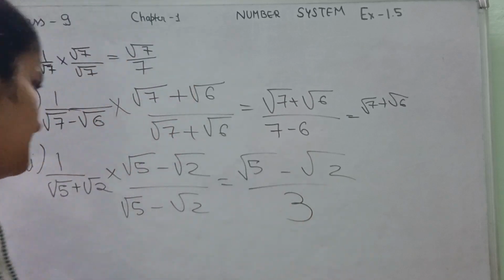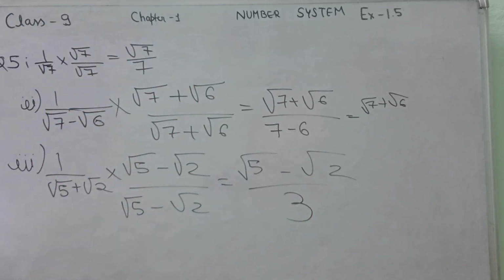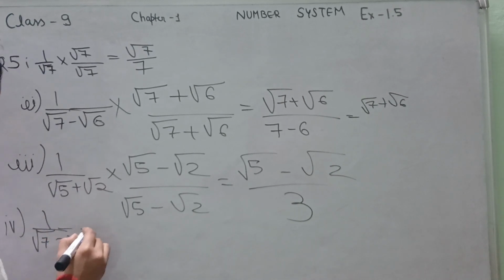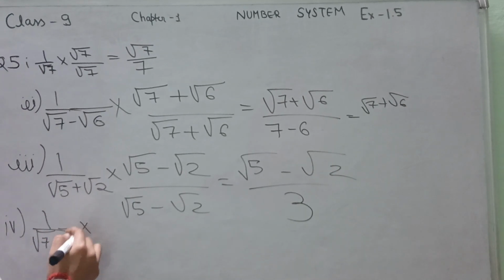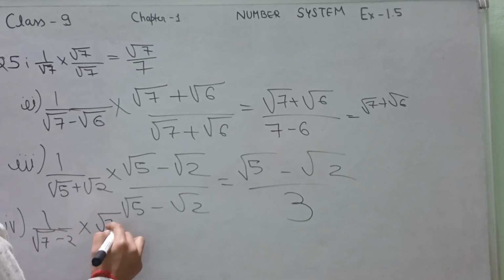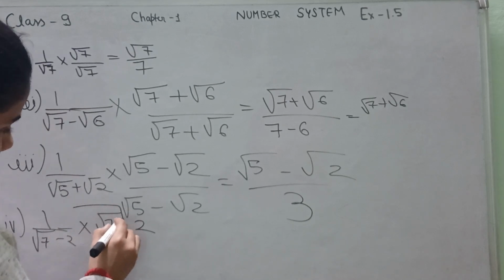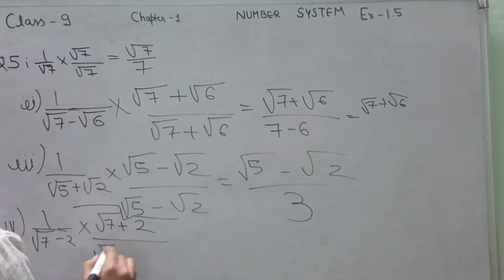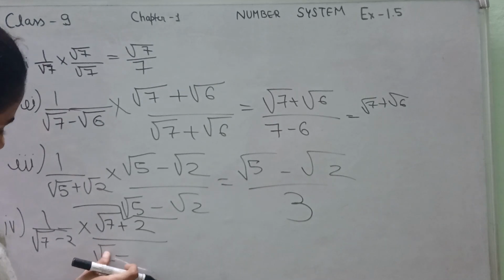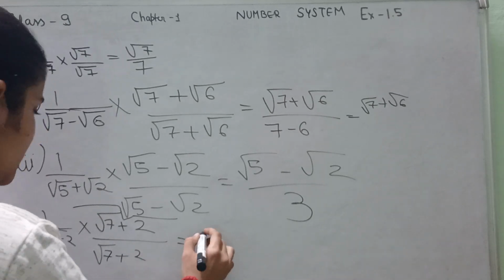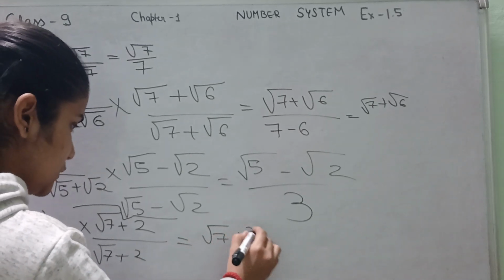Coming to the fourth part, which is 1 upon root 7 minus 2. So this can be rationalized by root 7 plus 2. I think it's understandable. Sorry, I'm mistaking again. Root 7 plus 2.